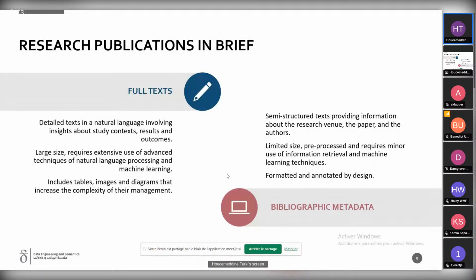For example, bibliographic metadata include semi-structured text providing information about research venue, papers, authors, etc. They have limited size, they are pre-processed, and they require minor use of information retrieval and machine learning techniques as well. So they are formatted and annotated by design, and we do not need advanced features of machine learning techniques.